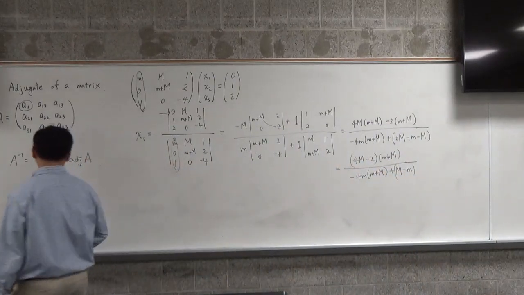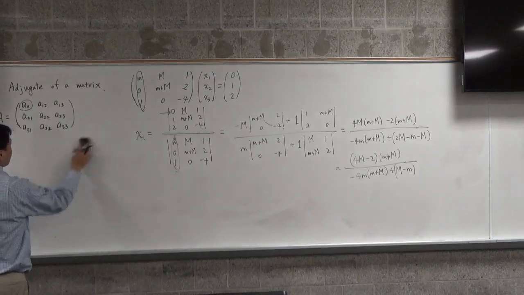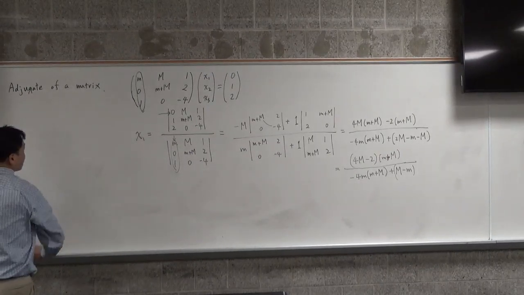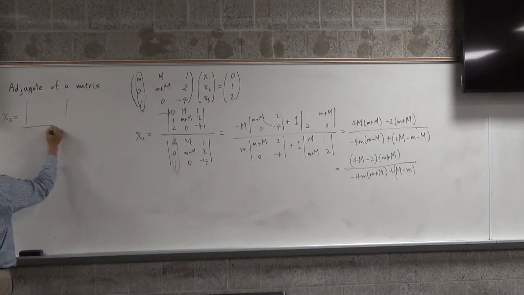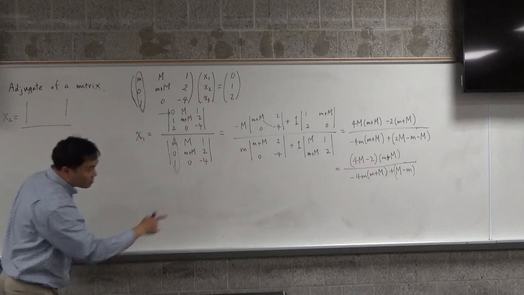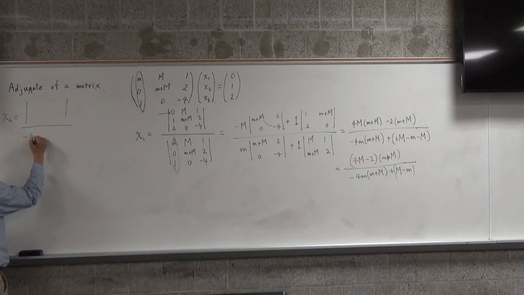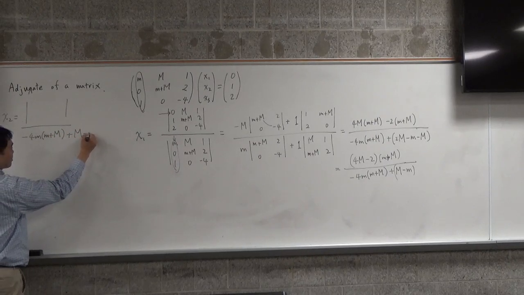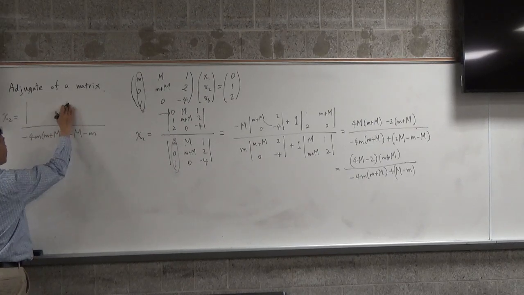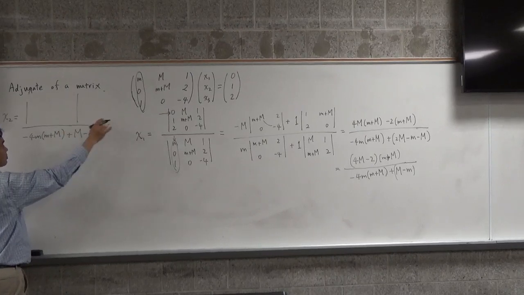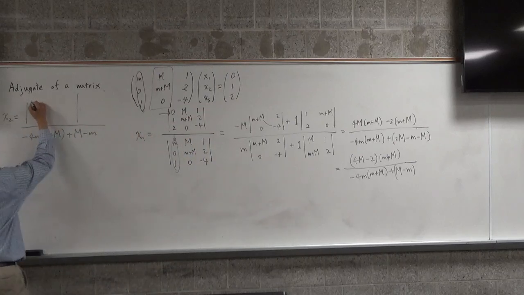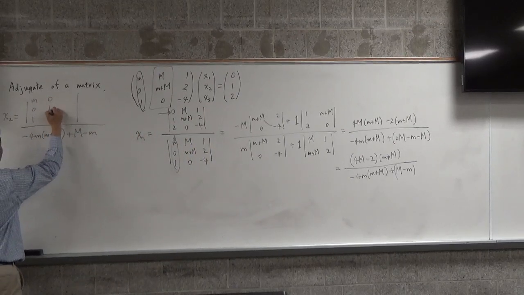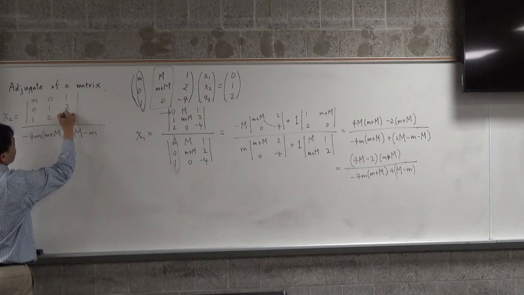Now, for x2, what should we do? x2 is exactly the same idea. The denominator will be the same exact denominator, that ugly thing, negative 4m, m plus M, plus capital M minus m. On the other hand, the top will be the same determinant, except now the middle column is replaced by 0, 1, 2. So it will be m, 0, 1, 0, 1, 2, and then 1, 2, negative 4.